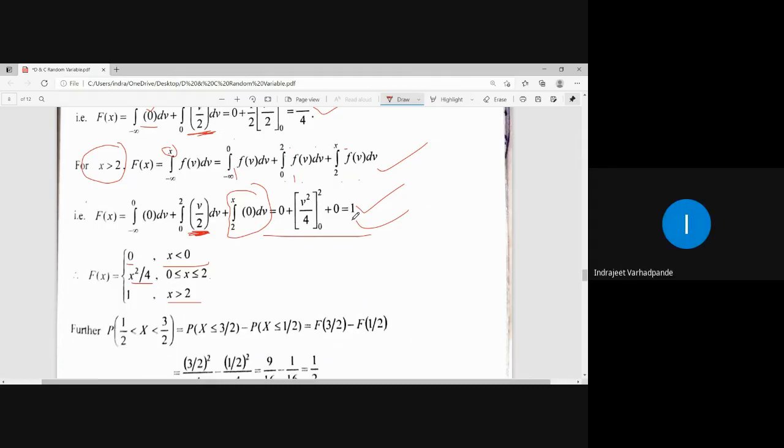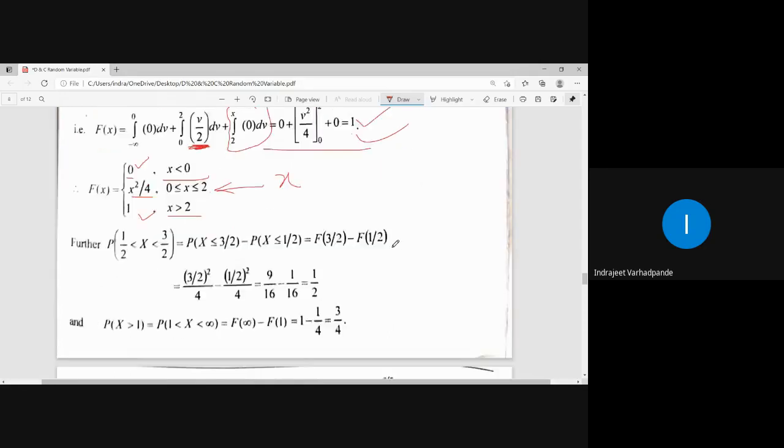So this is the way of writing down the distribution function for the continuous random variable. Always the first value will be 0, the last value will be 1 and in between the answer will be in the form of x.